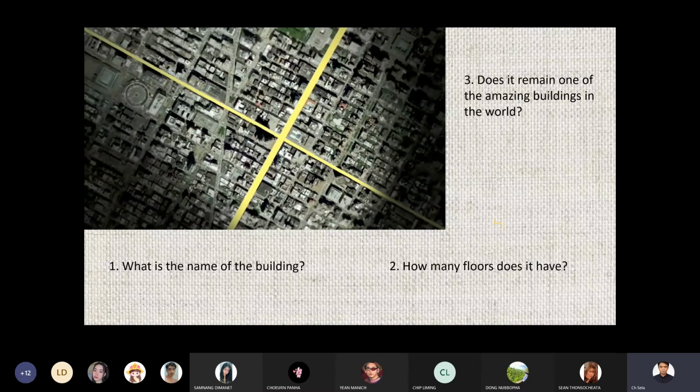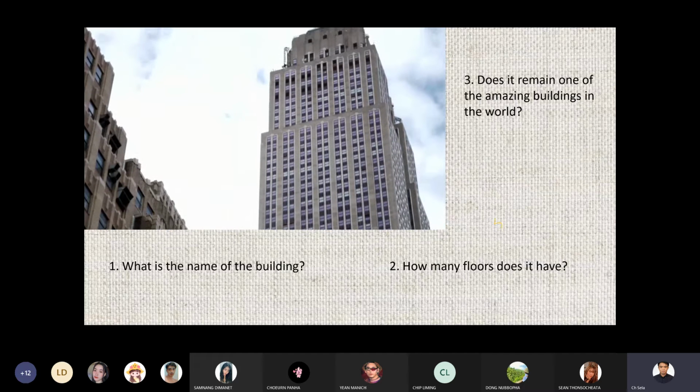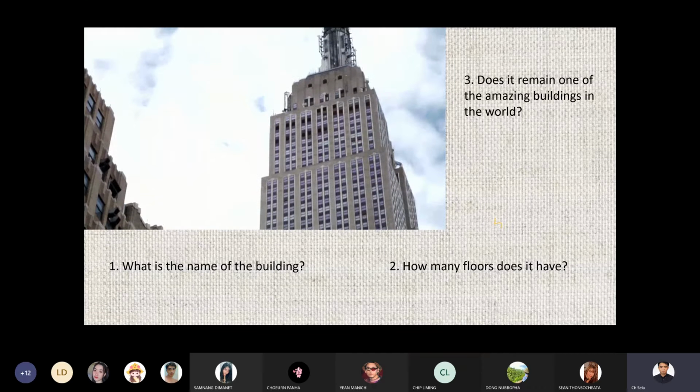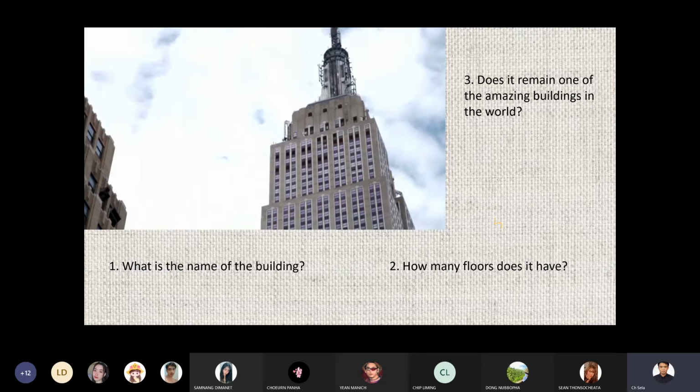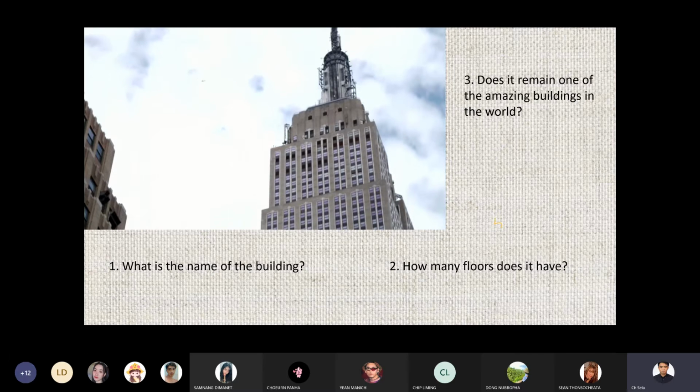It has stood at the intersection of Fifth Avenue and 34th Street since 1931. The building is 381 meters high. With the radio tower at the top, it is actually 443 meters. It has 102 floors and was the first building in the world to have over 100 stories.